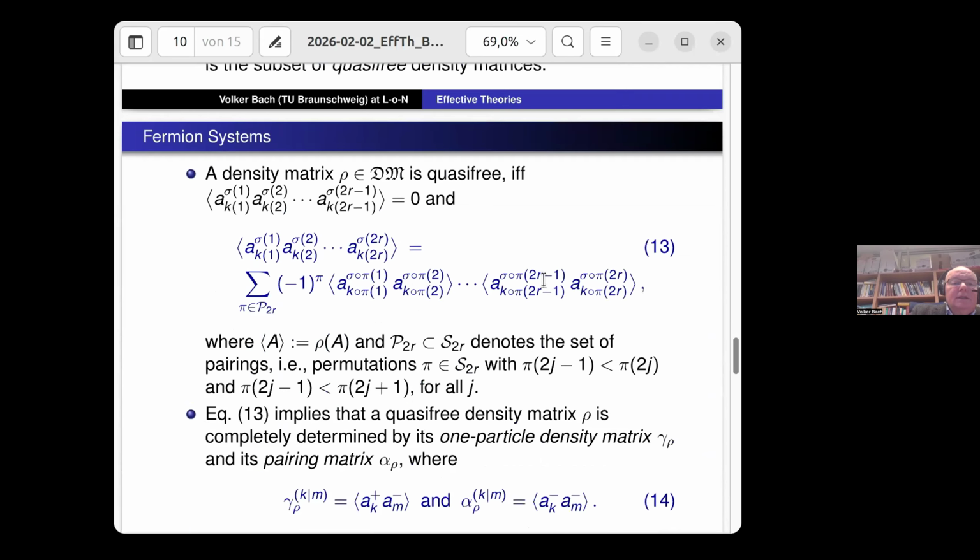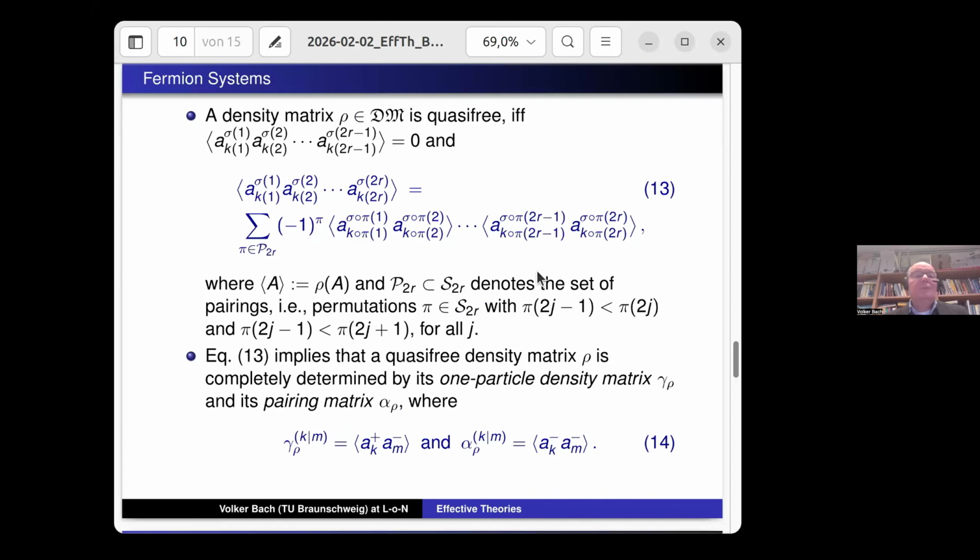A density matrix rho is quasi-free, this is for the fermion systems, I should say. There is an analogous notion for the boson systems, but let me stick to fermions here.